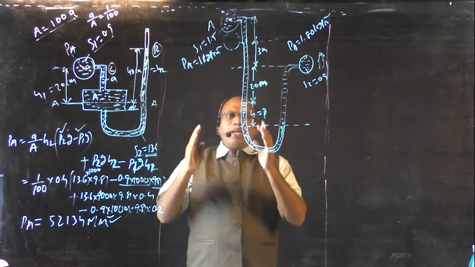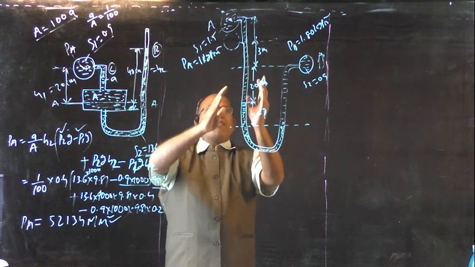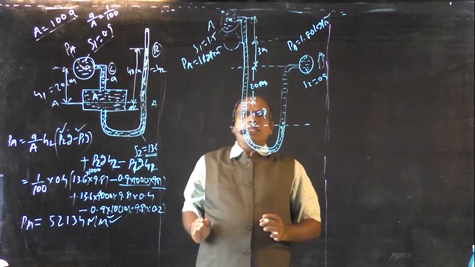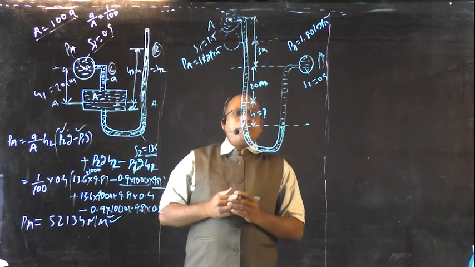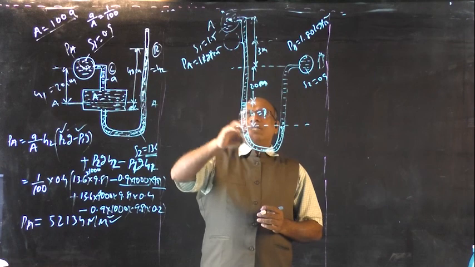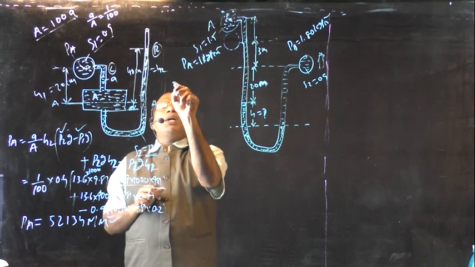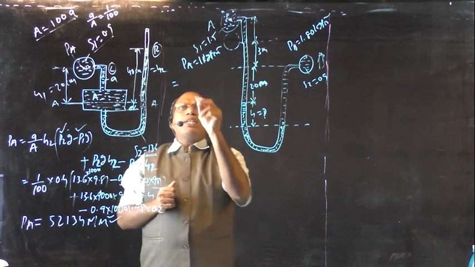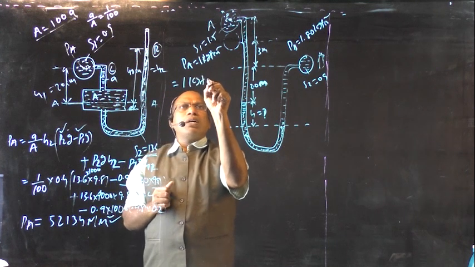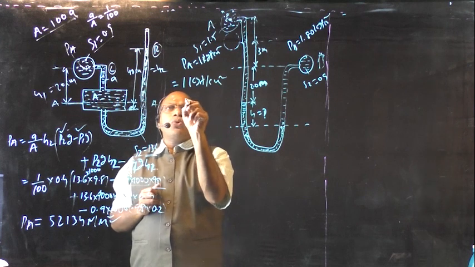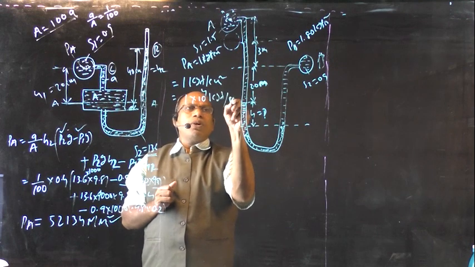What is the H? Here also we are going to take the left side pressures and right side pressures. For the equilibrium condition, left side pressures must be equal to the right side pressures. Now here the pressure at pipe A is given, PA is equal to 1 kg force per cm square. That first converts into 1 into 10 power 4 kg force per meter square.